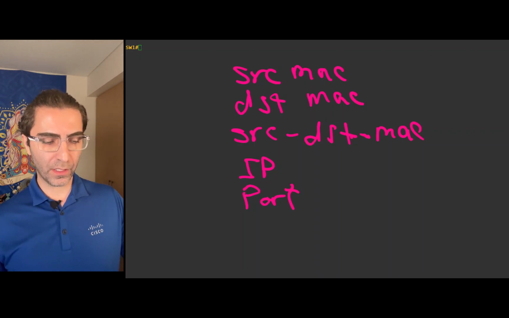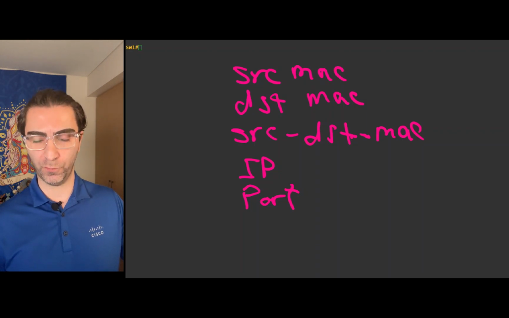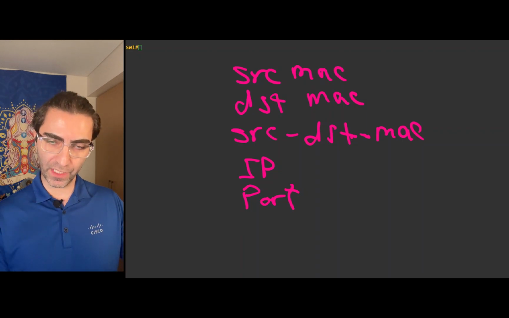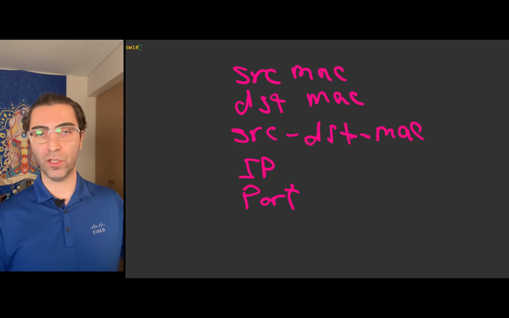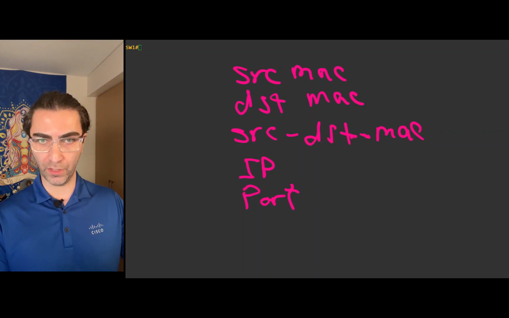The other thing is, all of these load balancing algorithms might not be available on the platform you are trying to configure. These are the available ones generally, but it depends on the platform you're managing, and also the IOS version you're running on that platform. Some of these options may not be available on that switch.